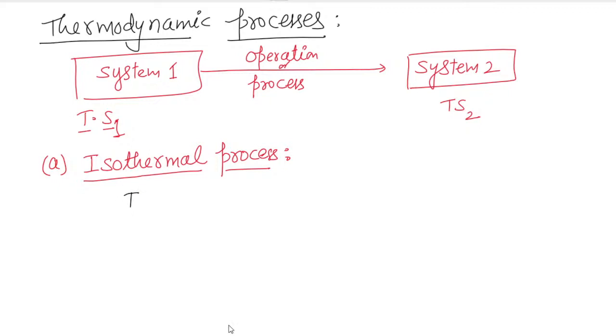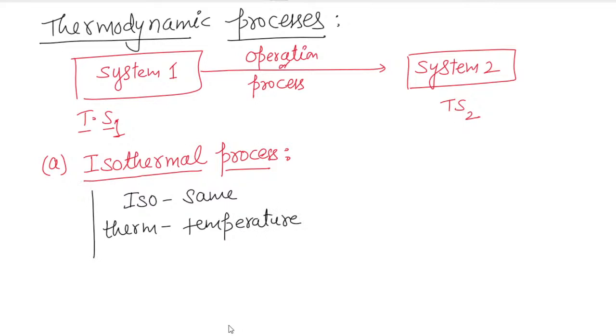Iso means same, and therm means temperature.